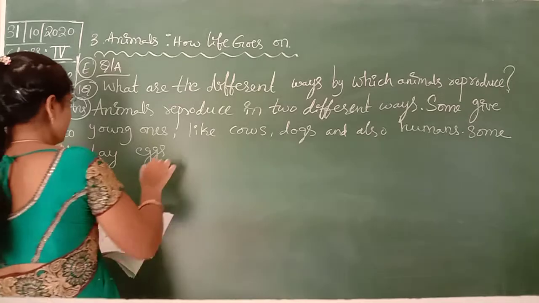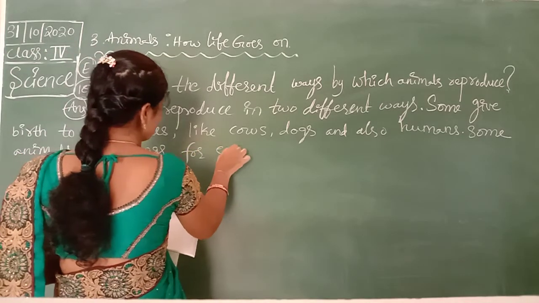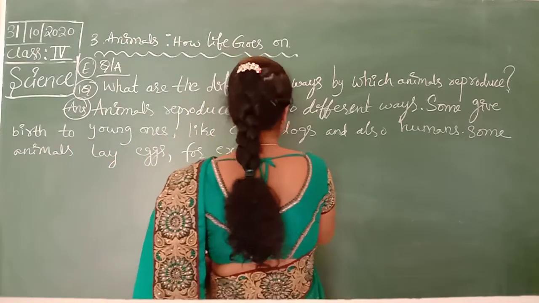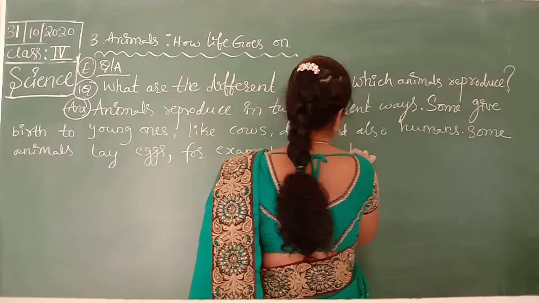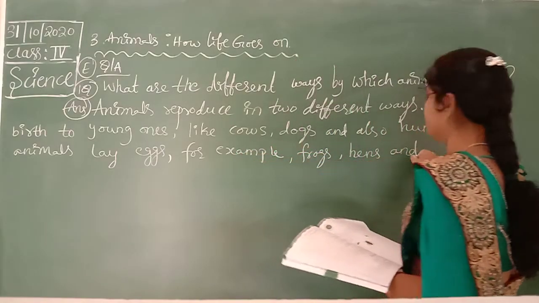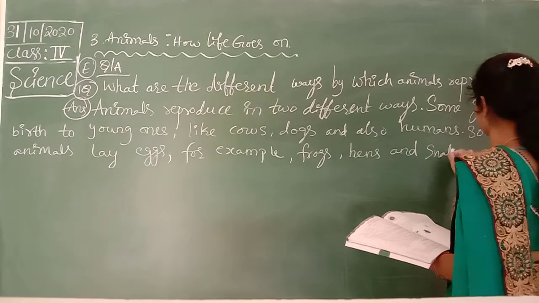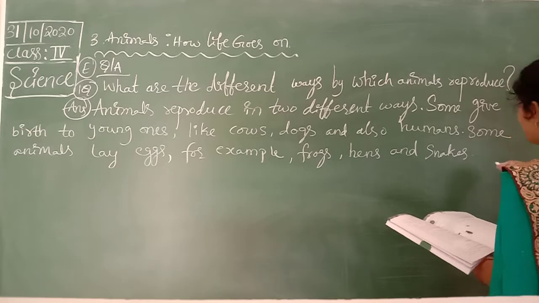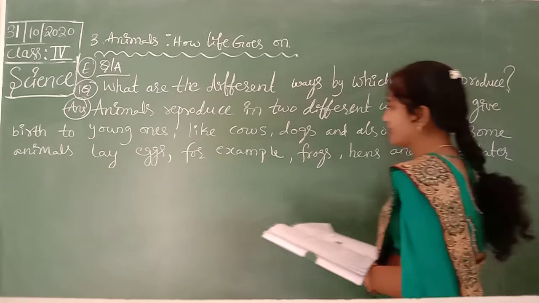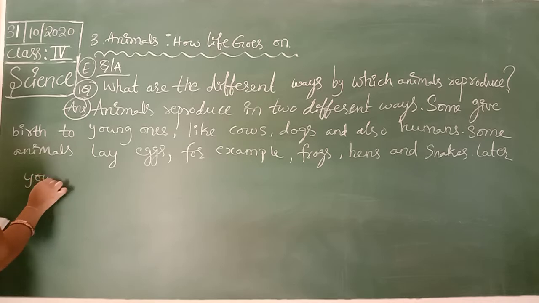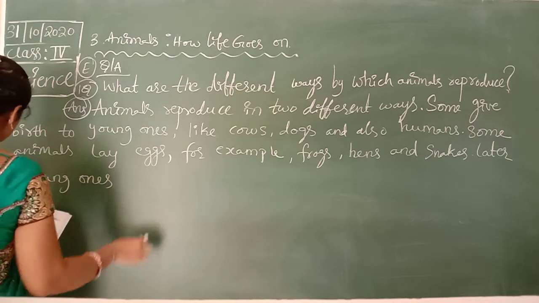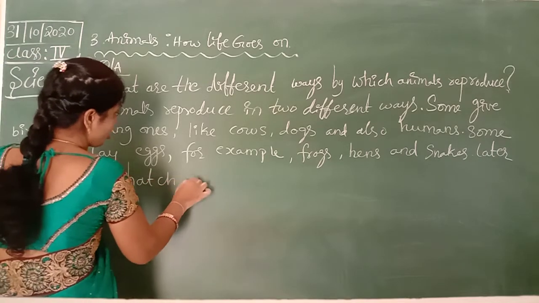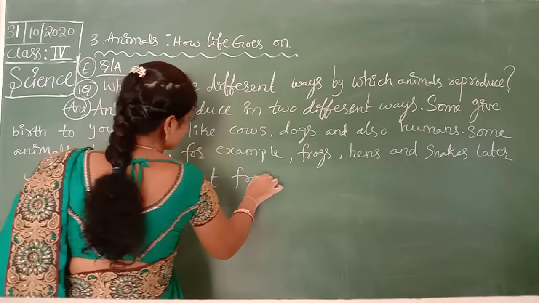For example, frogs, hens and snakes. Later, young ones hatch out from these eggs.